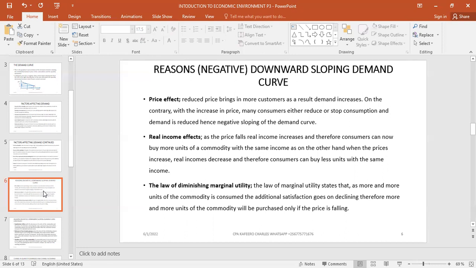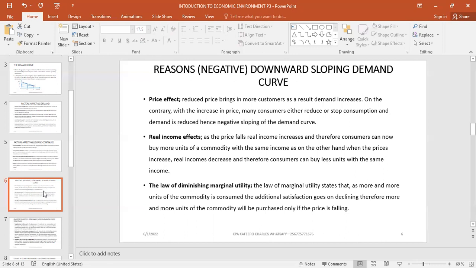So when the price reduces, we expect that the real income you have is going to increase in value, in the sense that instead of spending 5,000 on one item, you will spend 5,000 and buy more items. That is how we explain the real income effect.